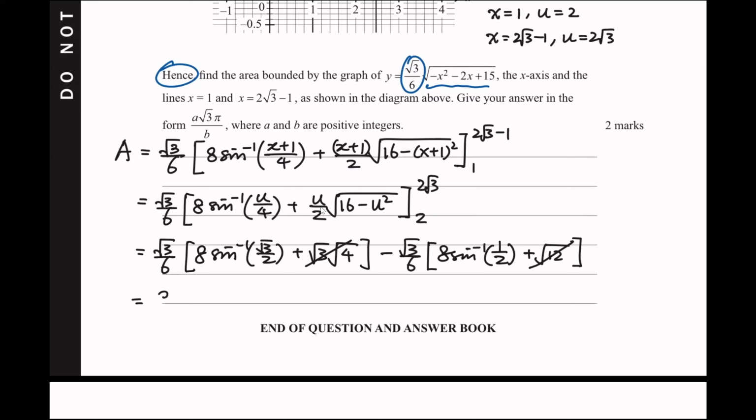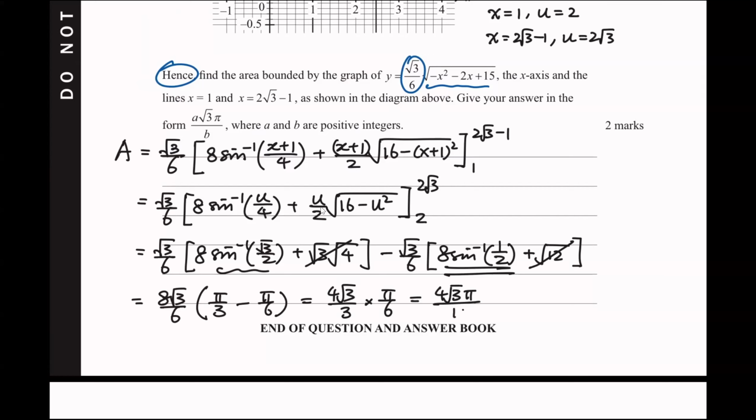And eventually I can bring out an 8 root 3 on 6. This bit will be pi on 3. This bit will be minus pi on 6. So you get 4 root 3 divided by 3 times pi on 6. And that is 4 root 3 pi divided by 18, which gives you 2 root 3 pi on 9. So that is the final answer required in the given form. A equals 2, B equals 9, etc., etc.